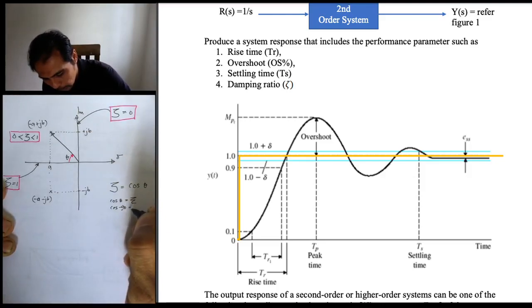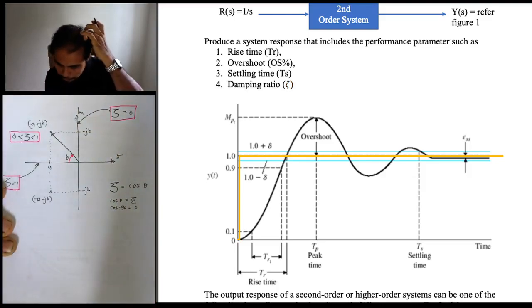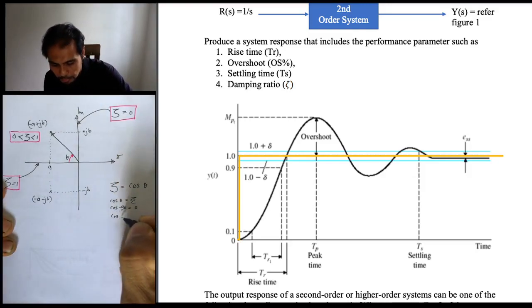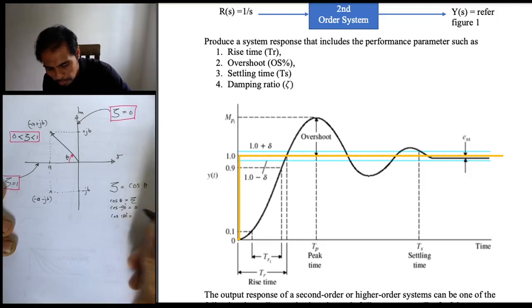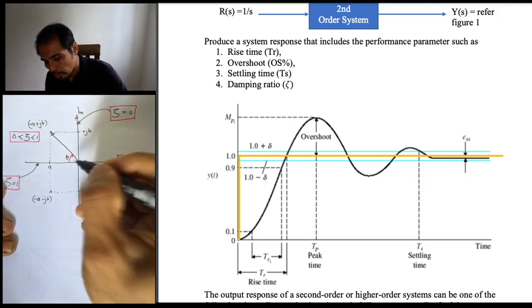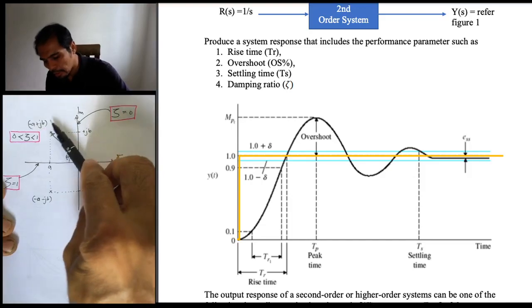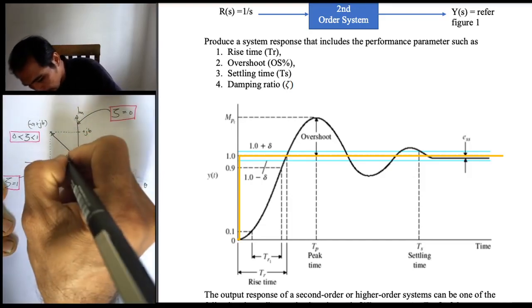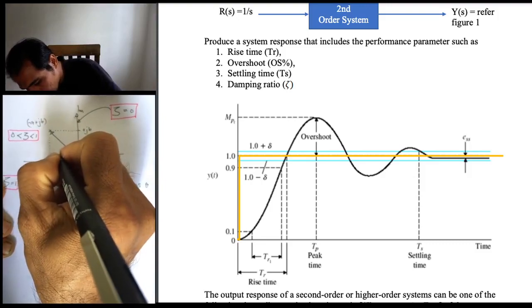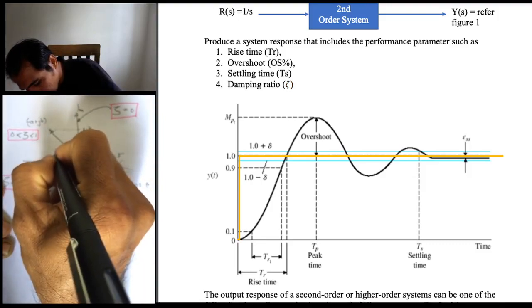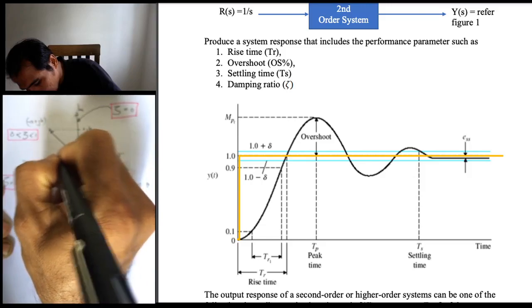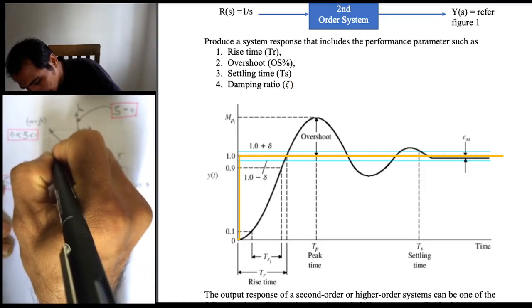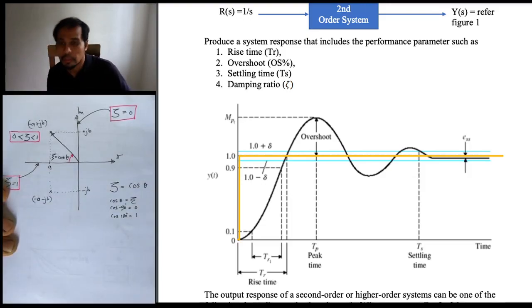So we know that cos theta here, whatever angle here, that represents the zeta. So that angle here is, this is zeta. Okay, makes sense.